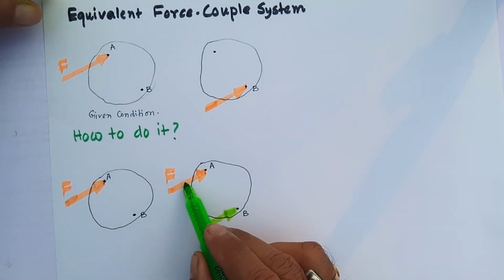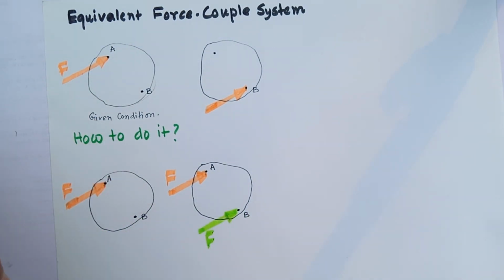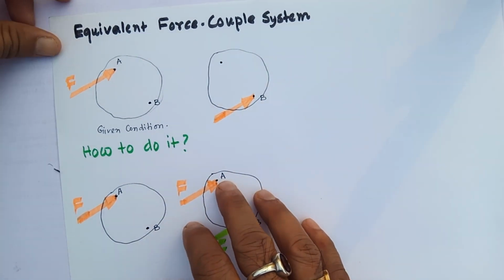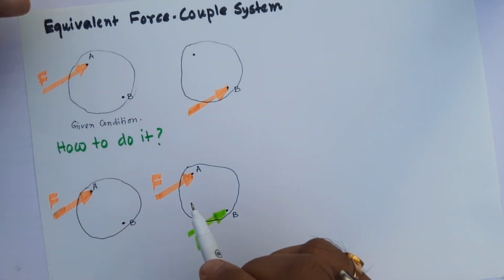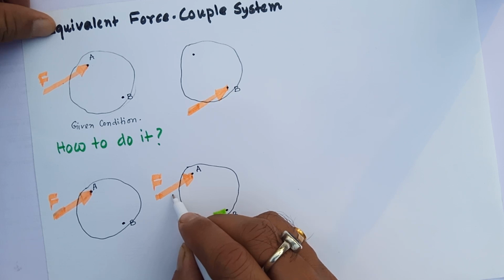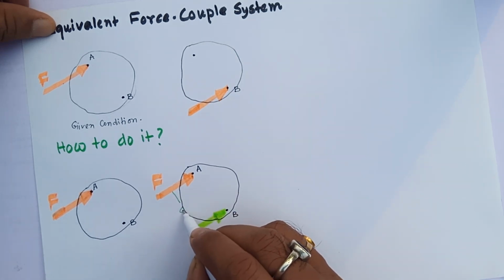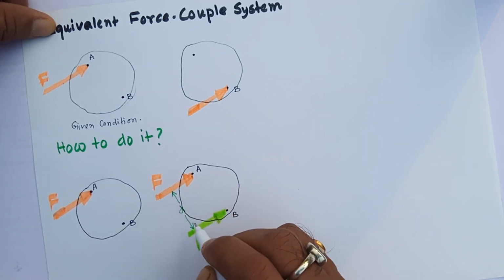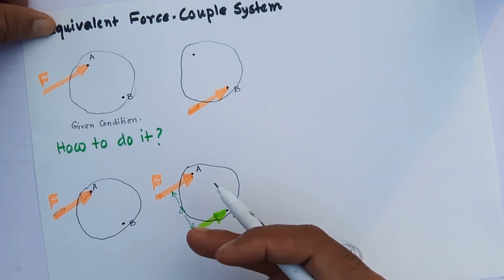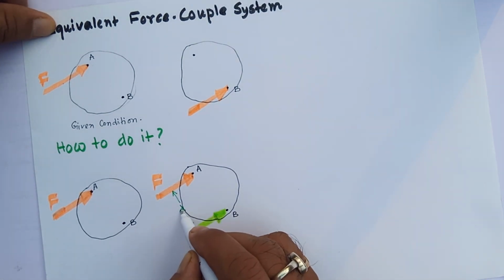And the perpendicular distance between them is, say, D. So this is the perpendicular distance between them. That means these two parallel lines are offset by a distance D.